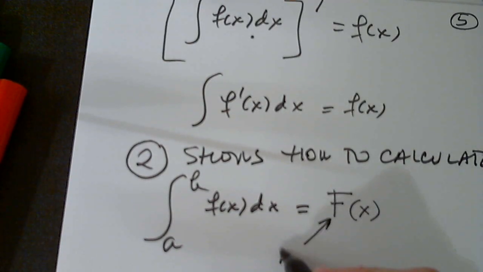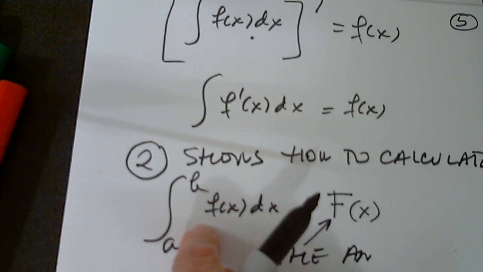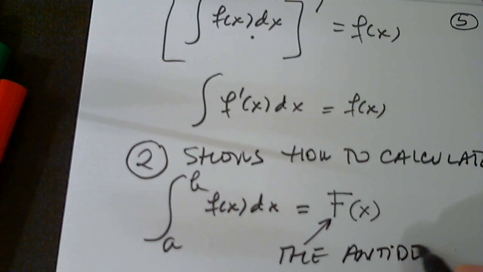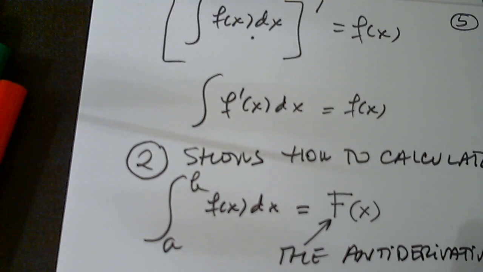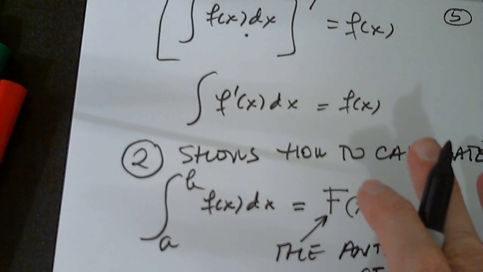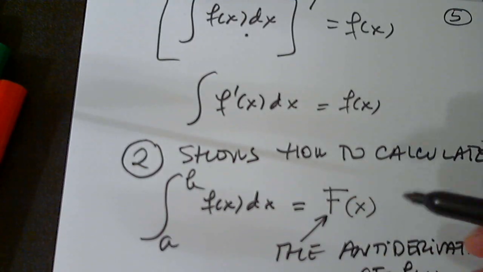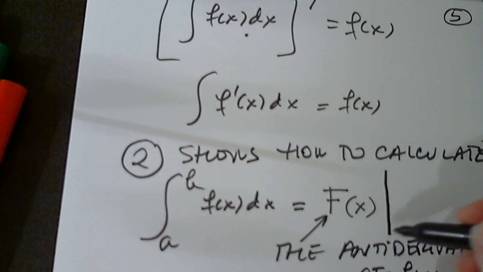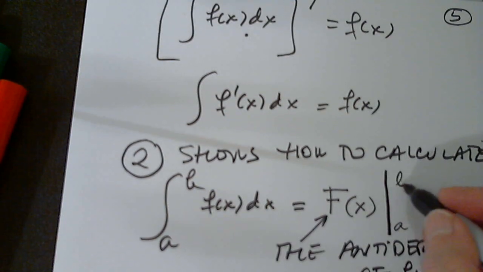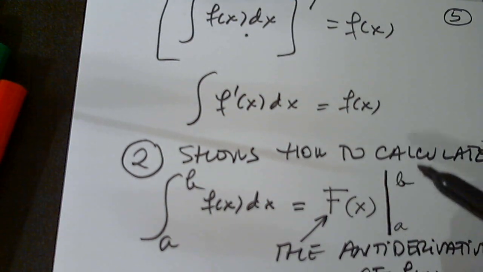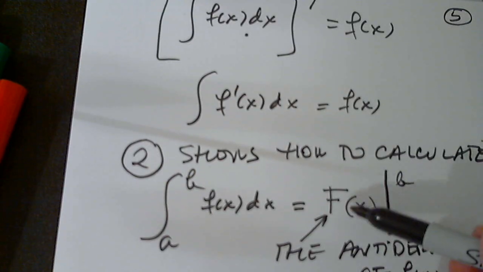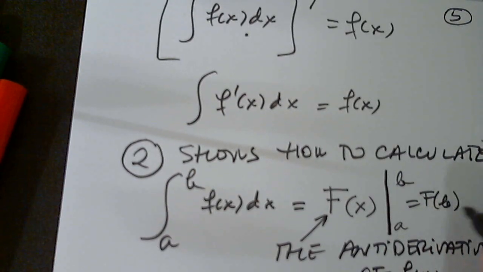So this is the antiderivative of f of x. I haven't finished. So I have the function, I find its antiderivative, and then a vertical bar from a to b, which states I have to evaluate the antiderivative at b and subtract when I evaluate the antiderivative at a.